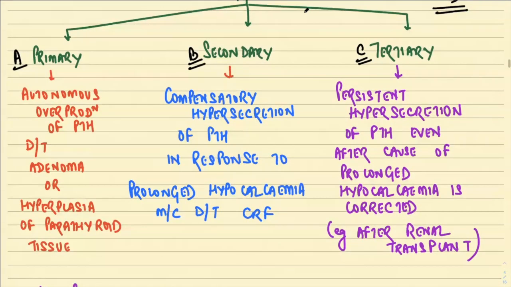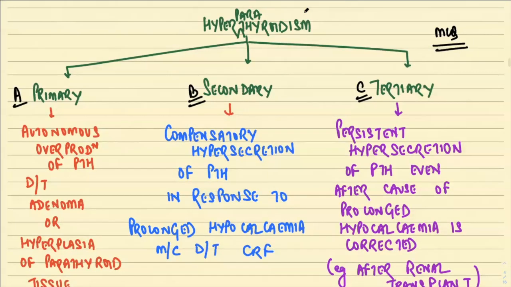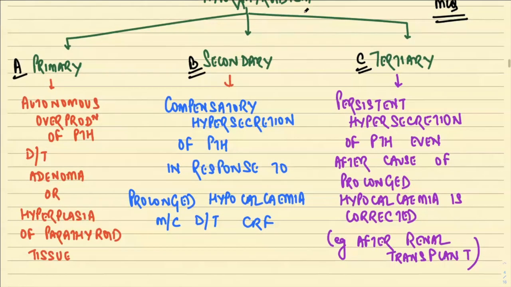If you look over here, there is primary hyperparathyroidism, secondary hyperparathyroidism, and tertiary hyperparathyroidism. So what is the meaning of primary hyperparathyroidism? It means there is an autonomous overproduction of parathormone, but why is this autonomous overproduction occurring?